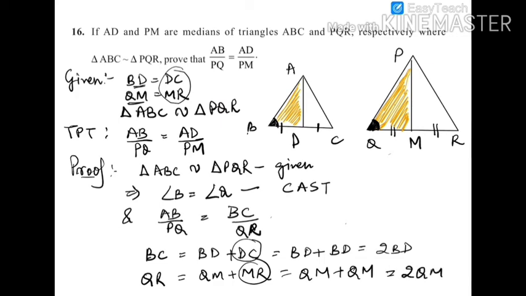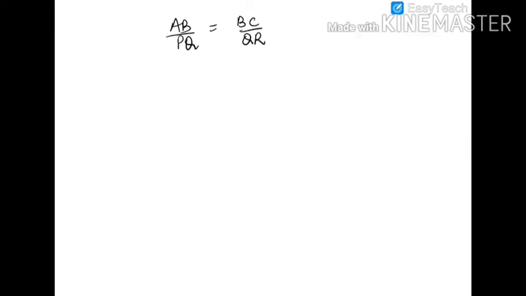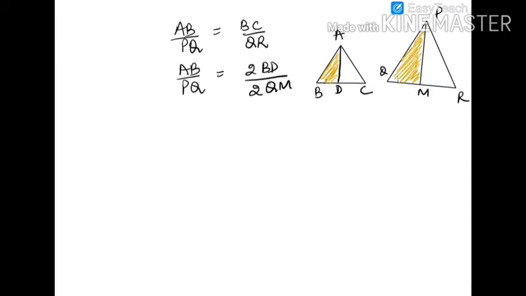So what we are going to do is replace BC and QR in this ratio with 2 BD and 2 QM. Now replacing BC upon QR, we have 2 BD divided by 2 QM. So this is equal to AB upon PQ. We can cancel 2, so we get BD upon QM.